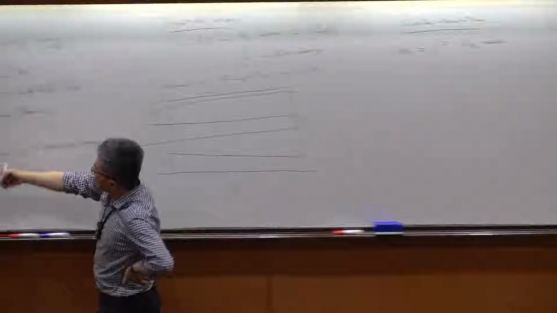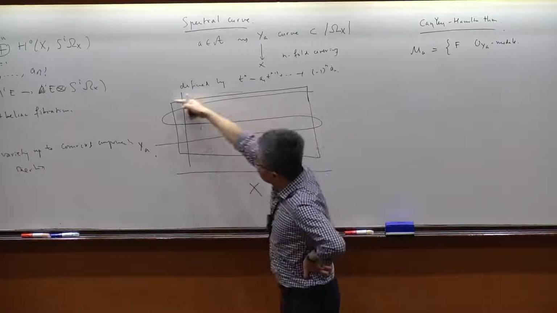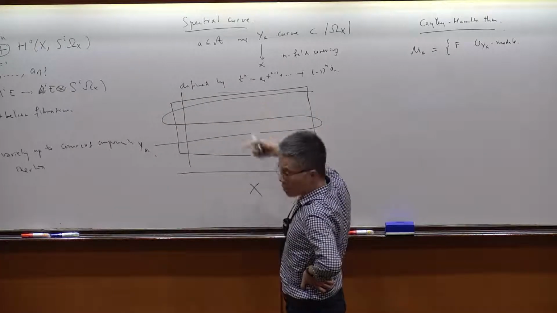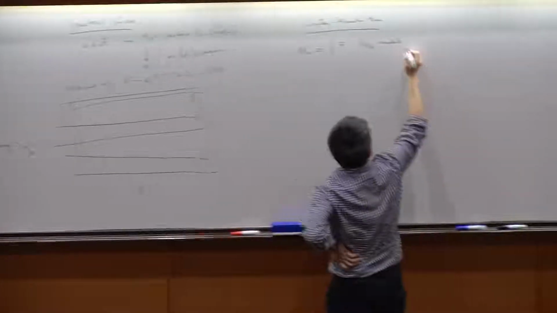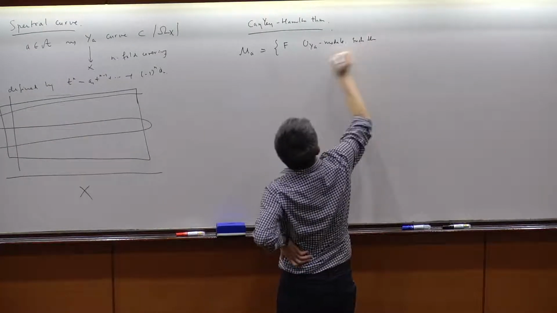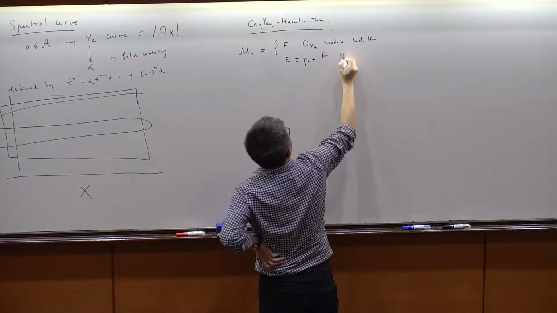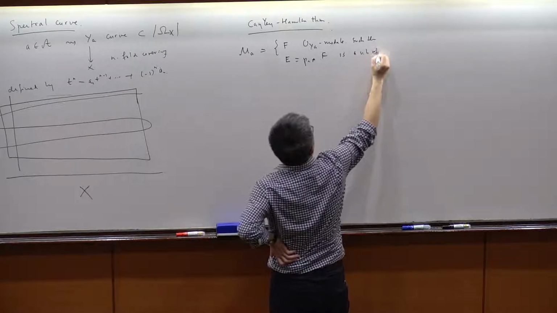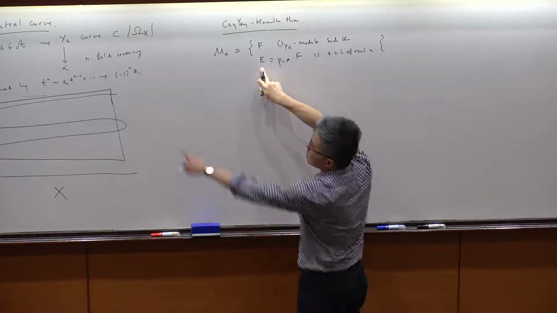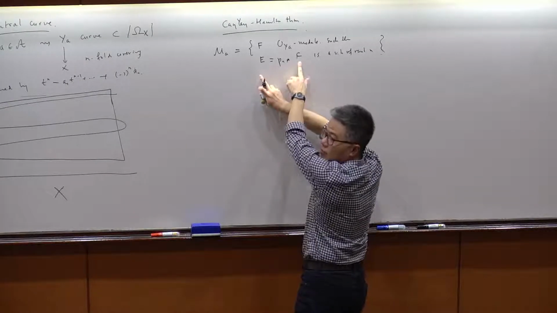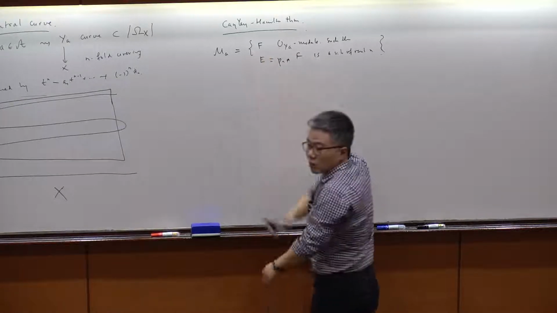So you use theta to define E as a module over the cotangent space. And the Cayley-Hamilton theorem says that the module is supported on the spectral curve, by a module F such that E, which is p_a star of F, is a vector bundle on the curve. So we start with E, and because of theta, E becomes an F, so that E equals p_a star of F. And we want E to be a vector bundle.